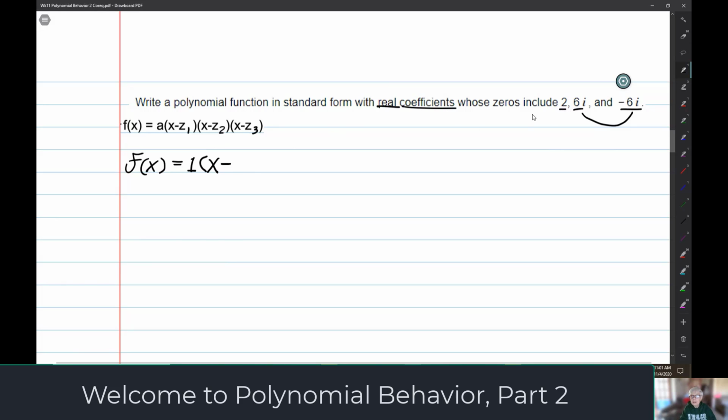Oh, I forgot to label the zeros. Z1 is 2. Z2 is 6i. Z3 is negative 6i. And these are conjugates, which is important here. It's the only way you can get real and rational coefficients.